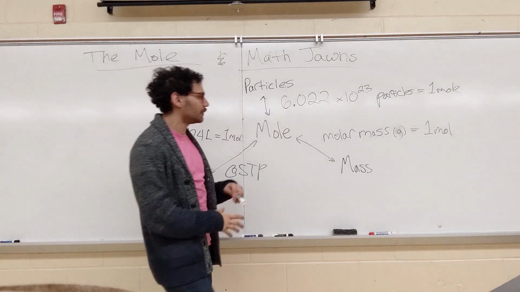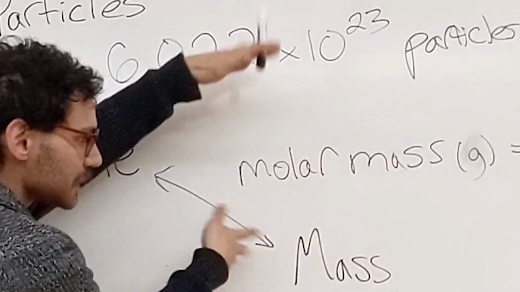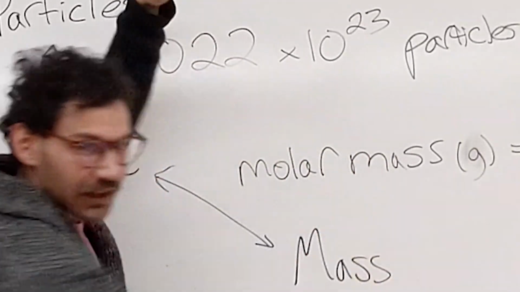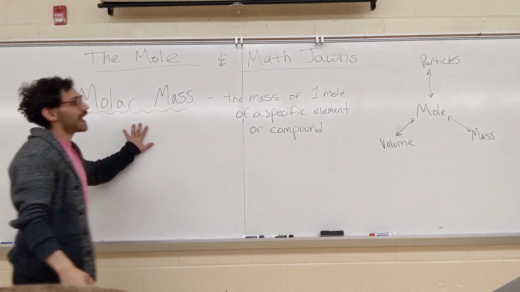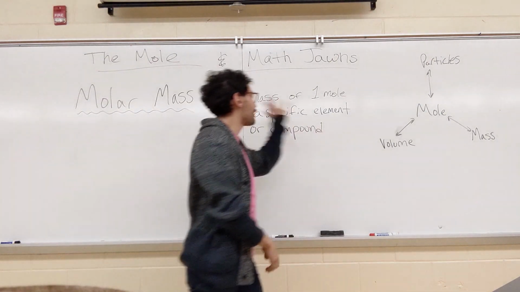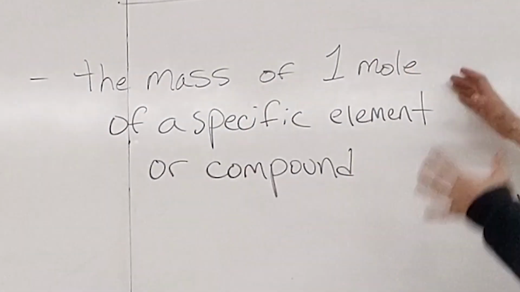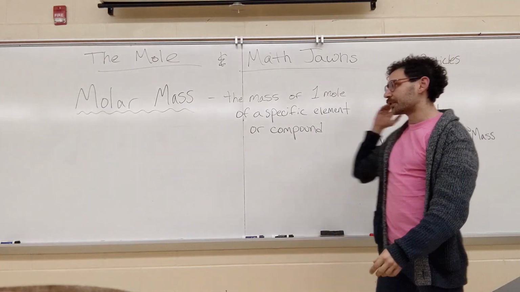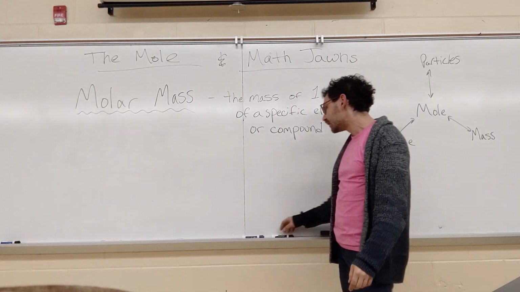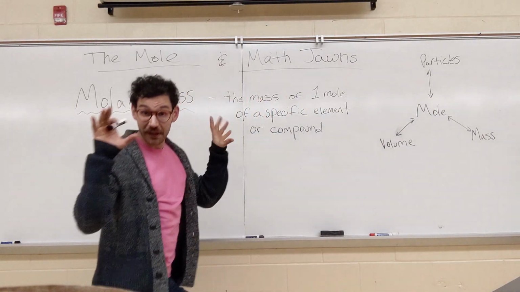We should probably talk a little bit more about molar mass. As we're talking about molar mass, we should specify again that this is the mass of 1 mole of a specific element or compound. How do we come up with the molar mass? How can you possibly know that? Well, before we talk about that, let's leave a little bit of suspense in the air.